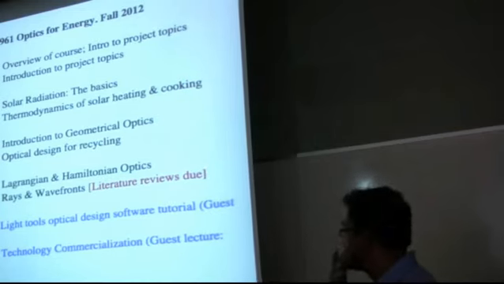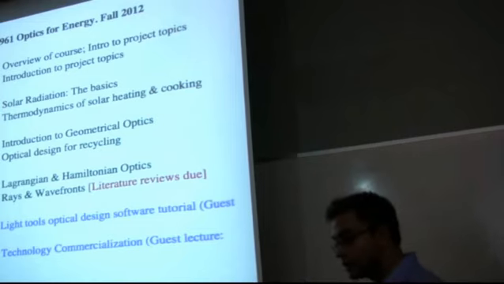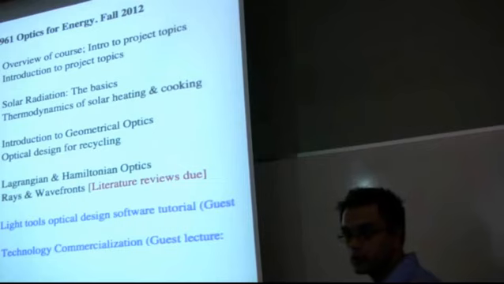In Scandinavia, for instance, you can actually bring recycling materials without sorting them and put them into a machine at a supermarket, and it automatically sorts it, and it's based on a very interesting optical technology. And we'll talk briefly about that, just again to give you an idea of what different kinds of applications are out there. And I will emphasize merely the optics and the optical design when we talk about that. Okay.